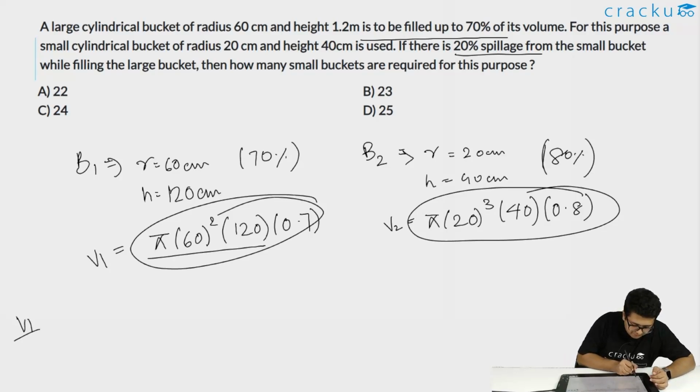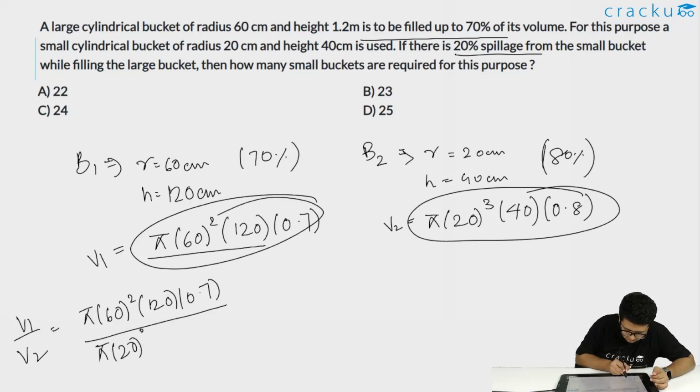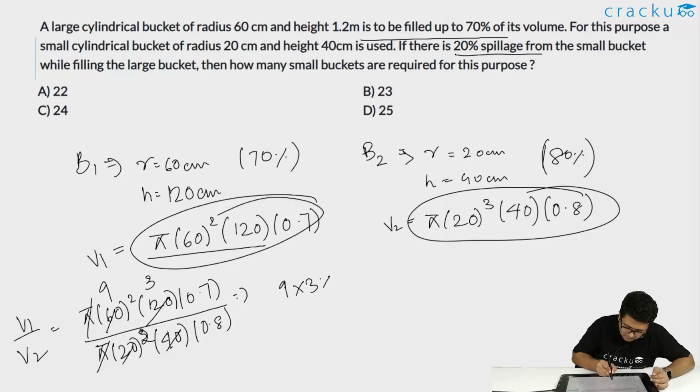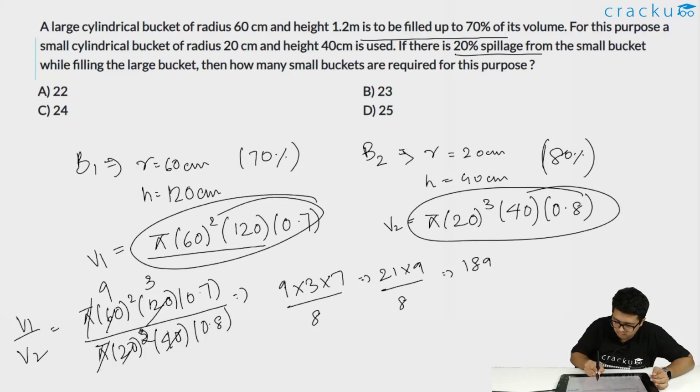So doing that, right, simplifying this, cancelling out pi, 20 and 60, right, so sorry, this is square, so this would be 3, so 3 square would be 9 here, and this into this would be 3 again, so 9 into 3 into 7 divided by 8, right, so it would be 21 into 9 by 8, which is equal to 189 by 8.